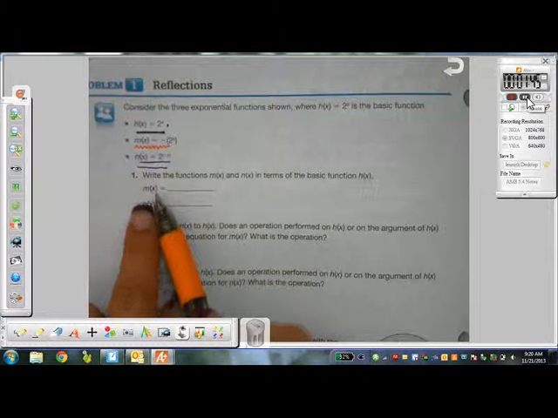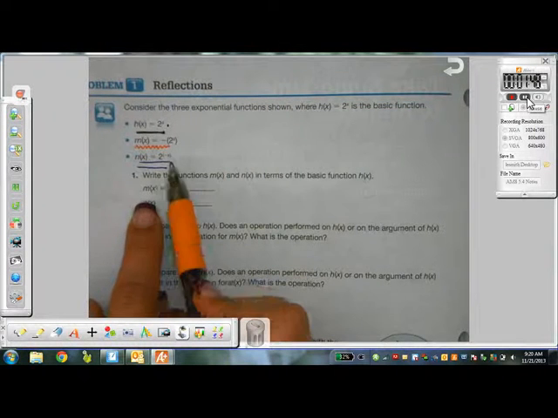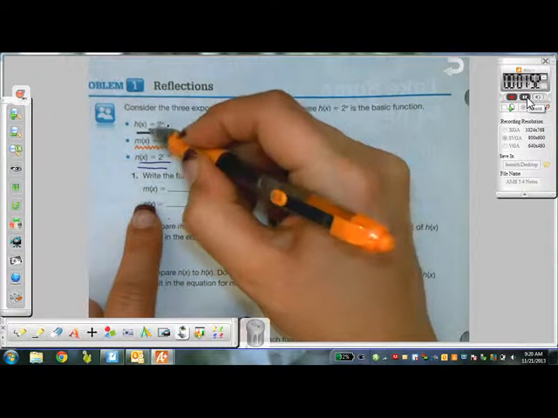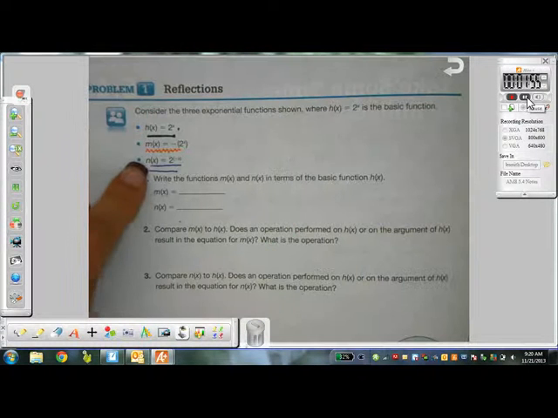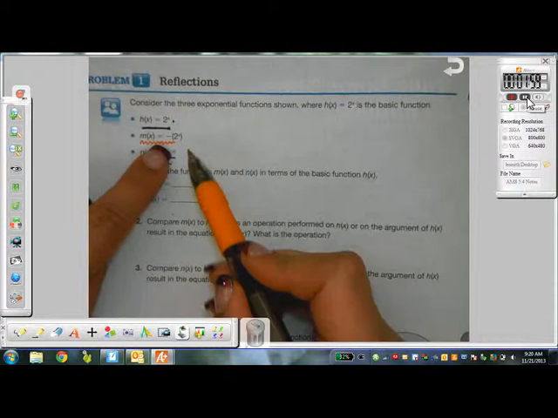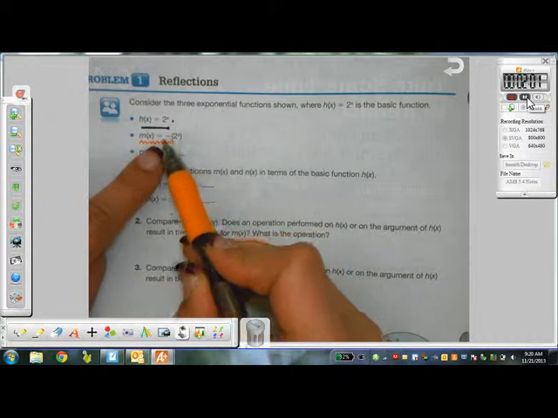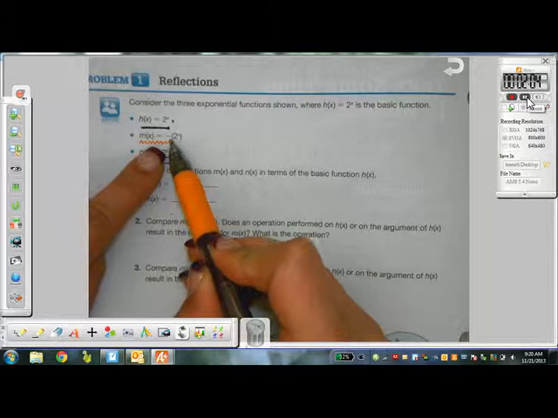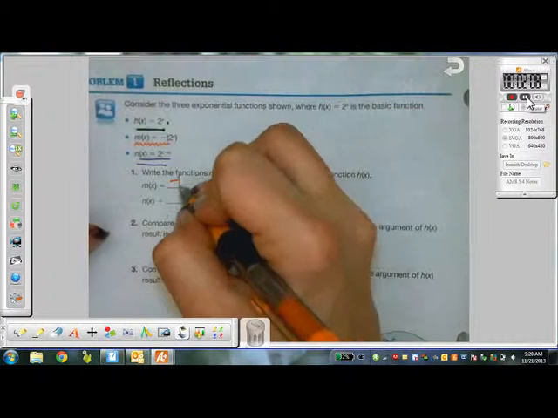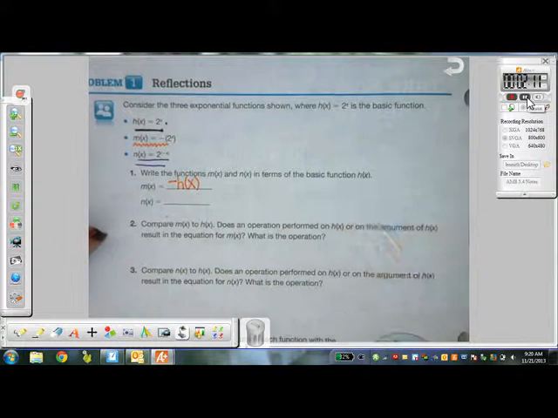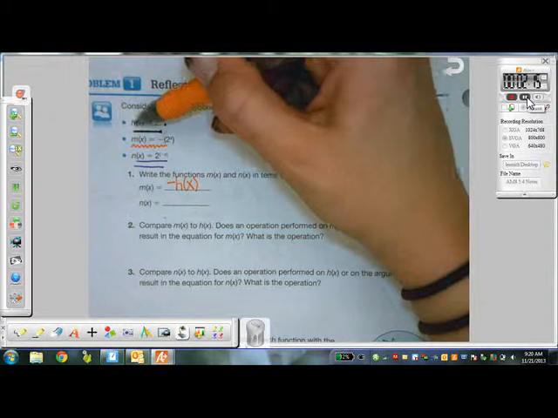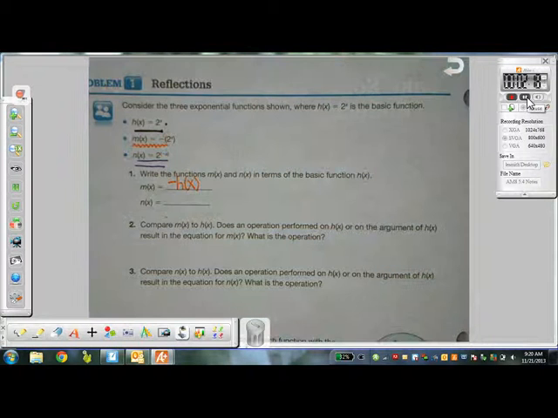So let's look at m of x. m of x is negative 2 to the power of x. 2 to the power of x is the same as which of these functions? h of x. So we're taking the result from h of x, and what did we do to it? We put a negative there. So to write this in terms of h of x would be the same as saying negative h of x. Do you guys agree? Yes. Because 2 to the power of x is the same as h of x, so we can just substitute them in. Okay, do you see what I'm saying?